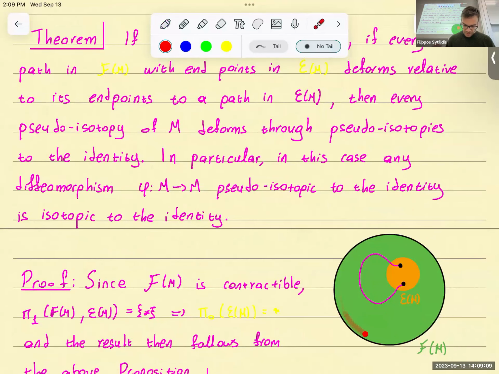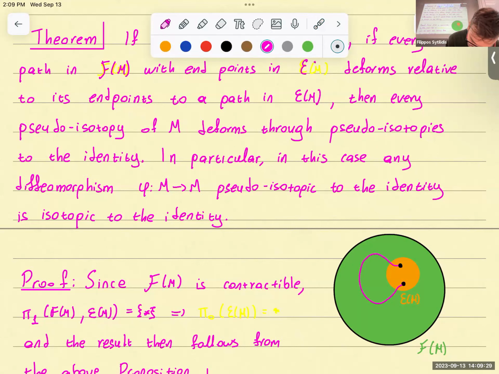If you want to think about the relative fundamental group, every path in F(M), I'm showing you such a path here with endpoints in E(M), deforms relative to its endpoints to a path that lives entirely within E(M). So like that.